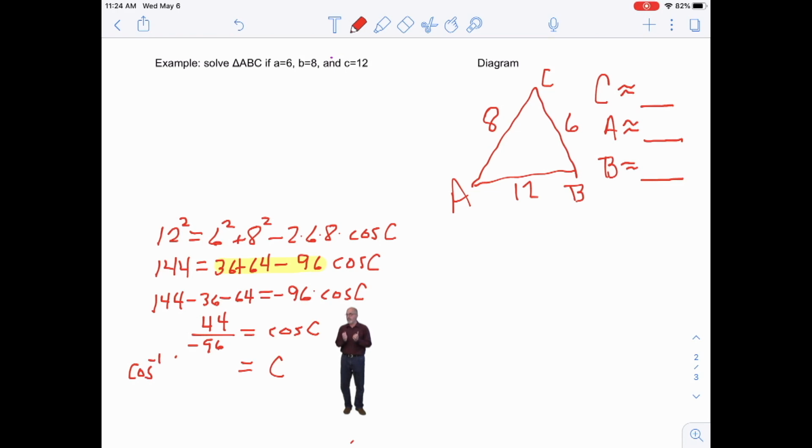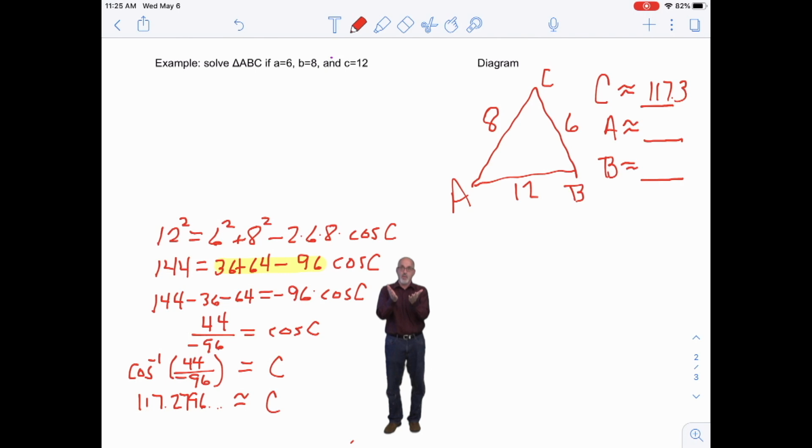We'll put it in parentheses, so 44 over negative 96, in the parentheses. And then we calculate that on our calculator, and we get an angle measure. And notice it is an obtuse angle, 117.27, etc. We're going to round that to 1 decimal place, so it's 117.3 for our angle C.